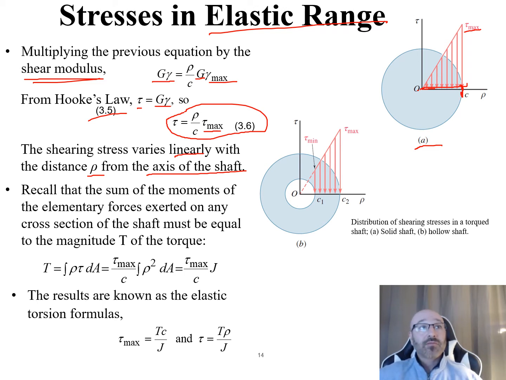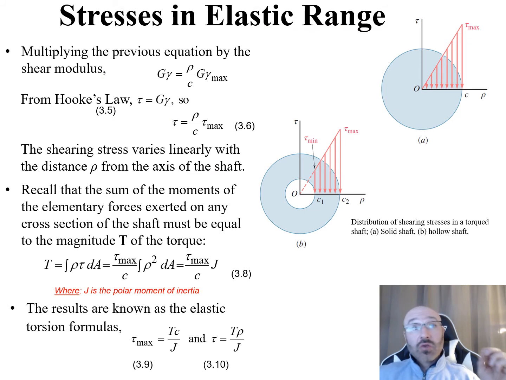Now next we want to recall that the sum of the moments of the elementary forces exerted on any cross section of the shaft must be equal to that magnitude T of the torque. We can reference back to equation 3.1 at the beginning of this chapter for our relationship for torque. We have the torque is equal to the integral of rho times tau dA.